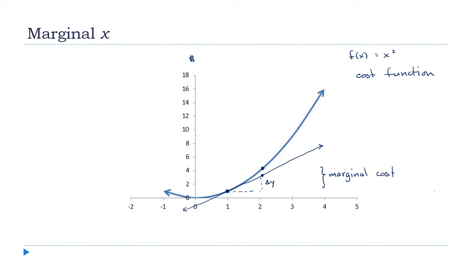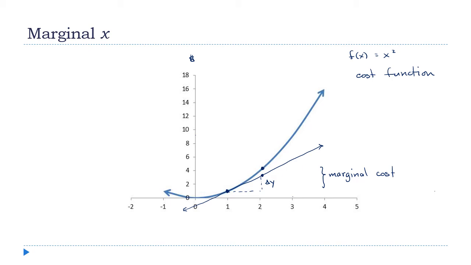So we're going to use this amount that the tangent line changed as an approximation of the marginal cost. And unless your function is weird, unless it's changing really, really quickly for some reason, this is actually going to be a pretty good approximation.